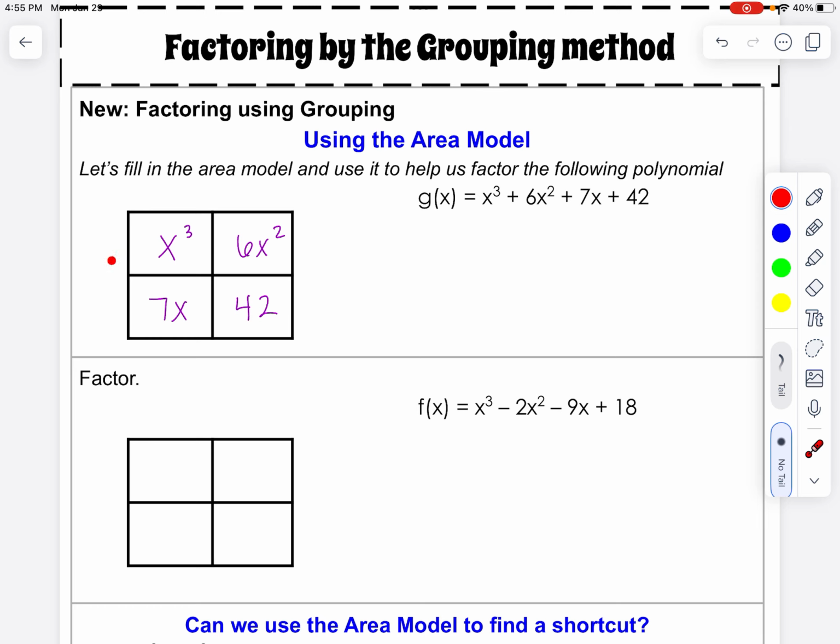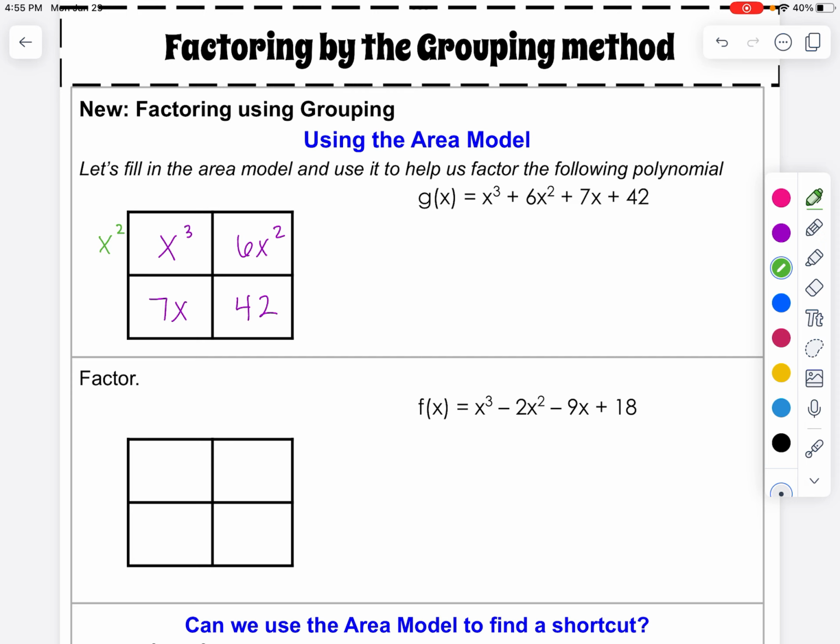And whatever it is, I know that both this term and this term were multiplied by it. So in order to figure it out, I can just factor it out, kind of like factoring out a GCF. What would be the GCF of x cubed and 6x squared? I could factor out an x squared from those two terms, right? They both have at least an x squared.